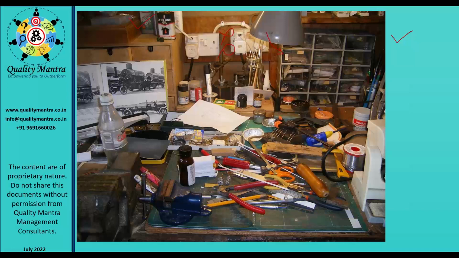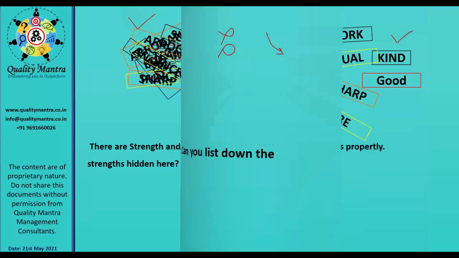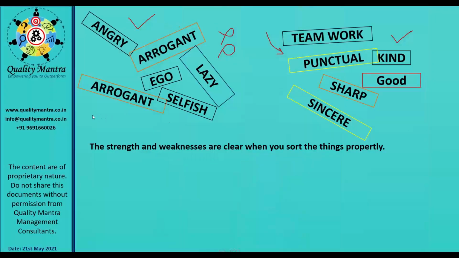A lot of strengths, the necessary things, are there, but they are jumbled. You don't know the time you require that particular thing. We don't know whether you will be able to find it or not. You may not be able to utilize that thing because you are not able to find it in time. So that's the importance of sorting the things.